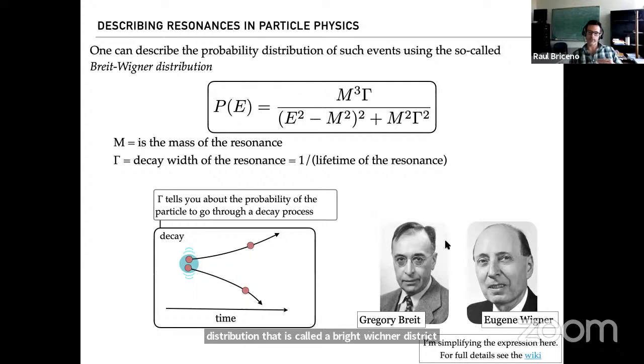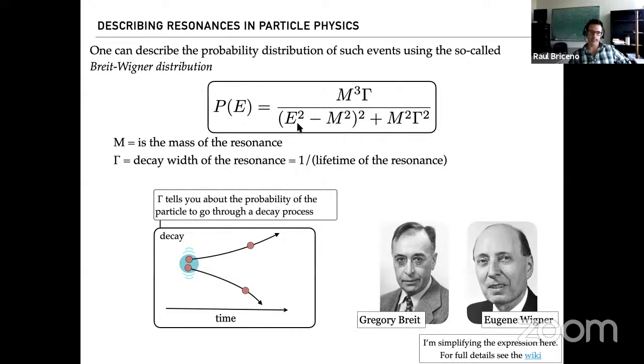It's named after these two folks, and it describes the probability of an event. It's proportional to the probability, so it's not normalized to 1, as a function of E, which is the energy of the event, okay? And it carries this form, all right? We're going to play with this quite a bit. So if it looks a little daunting at first, it's going to become less daunting, hopefully, okay?